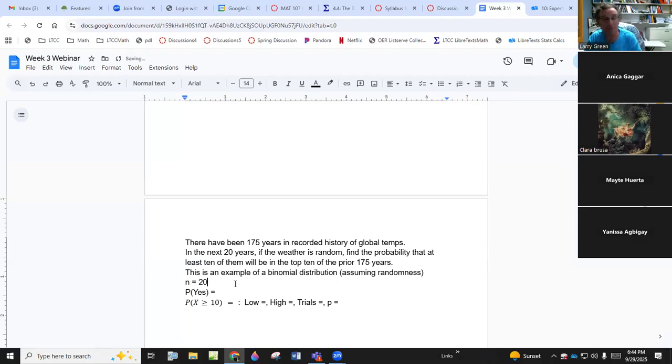Yeah, n is 20, because each of those 20 years is going to be yes, it was in the top 10, or no, it was not in the top 10. What's the probability that any given year will be in the top 10 of the prior 175 years if everything is random?